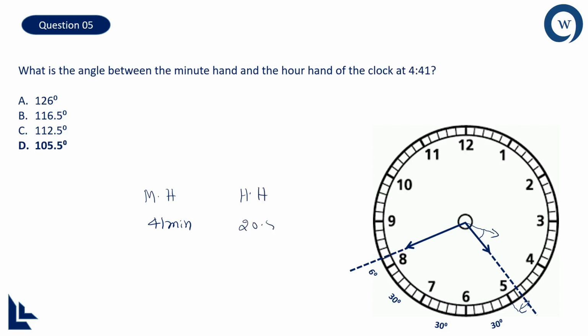It is 20.5 degree. So, already hour hand has made 20.5 degree from here to here. And you know that total angle between 4 and 5 is 30 degree. Already 20.5 is covered out of that. Remaining will be 9.5 degree.